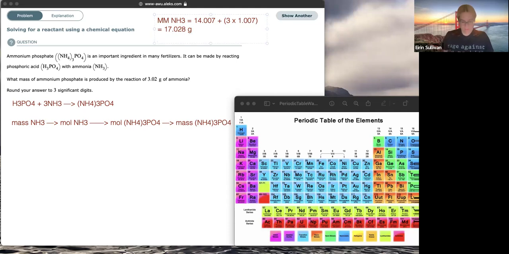And then my molar mass of my ammonium phosphate, (NH4)3PO4. So I've got 3 nitrogens, 14.007 will do, times 3. We write this down, shouldn't I? 3 times 14.007, plus how many hydrogens have I got? 12 hydrogens, plus 12 times 1.007. And then phosphorus is 30.97.